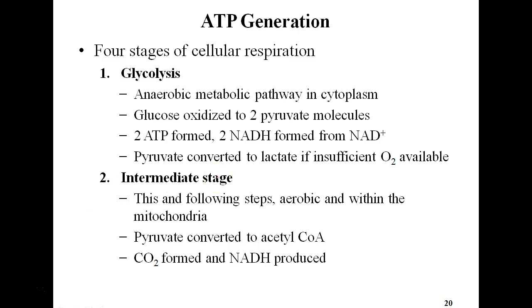By the way, students that would like to read more on this topic are going to find information on page 91 of the McKinley textbook. Next step, we get what's called the intermediate stage.